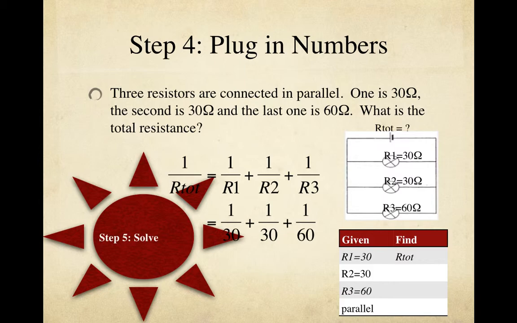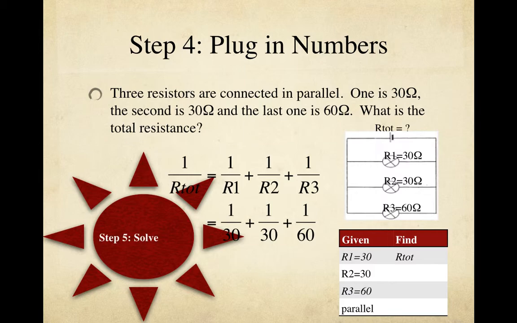First of all, you could just literally plug it into your calculator. So go 30 and hit the x to the minus 1 button, add 30 x to the minus 1 button, add 60 x to the minus 1 button, and the calculator will do all the math for you.